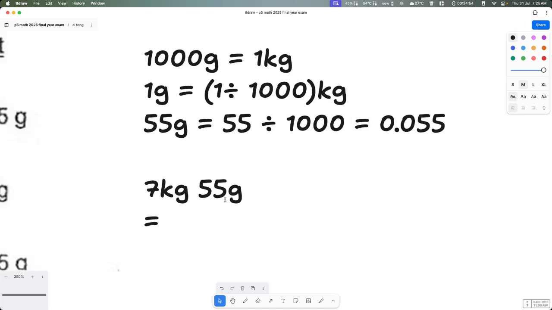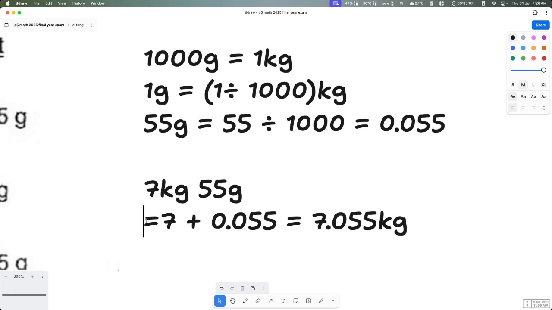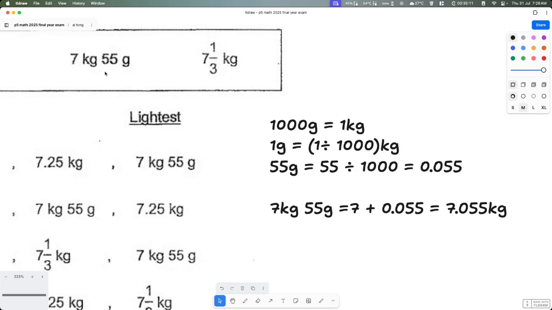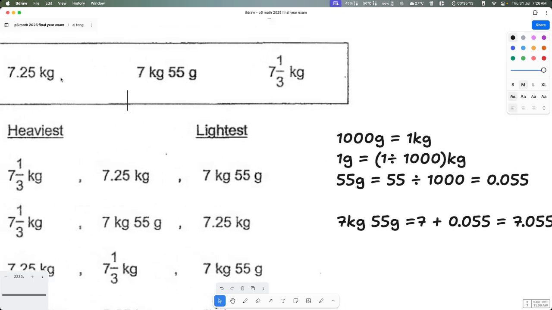So for 7 kilograms, it is equal to 7 plus 0.055, and this will become 7.055 kilograms. So we know that 7 kg 55 grams is the same as 7.055 kilograms.